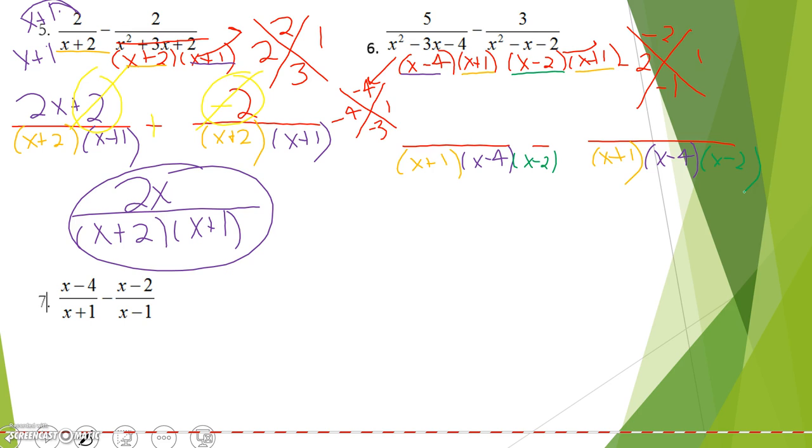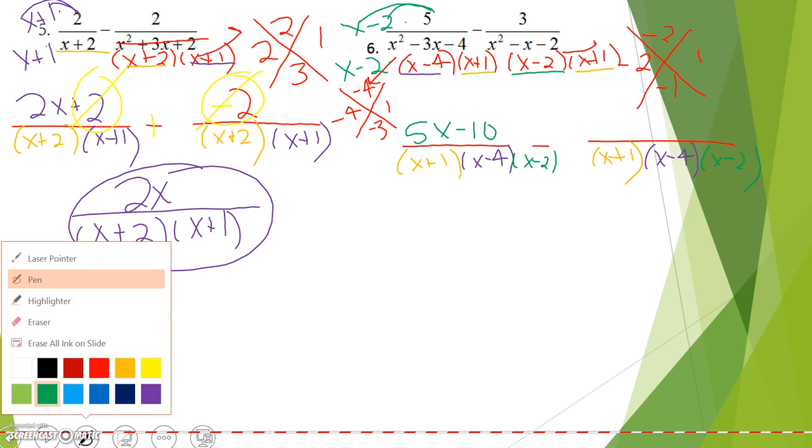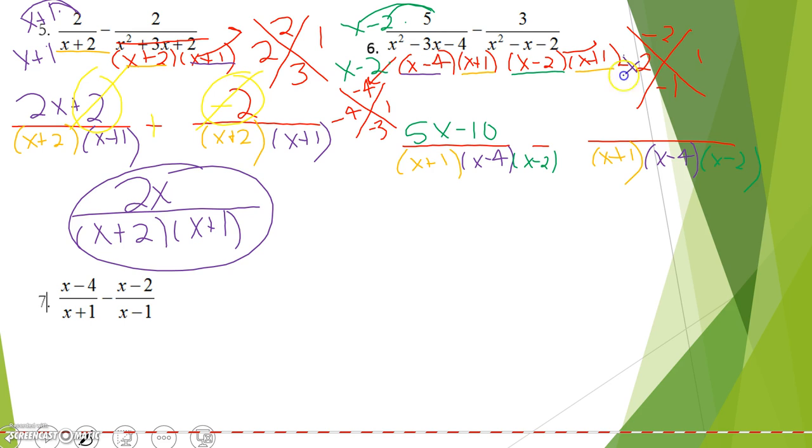All right, so the first fraction has a purple and a yellow. It needs a green. It needs an x minus 2. I have to distribute the 5, so I get 5x minus 10. The second one has a green and a yellow. What it needs is a purple, so it needs an x minus 4. Distribute it. 3x minus 12.